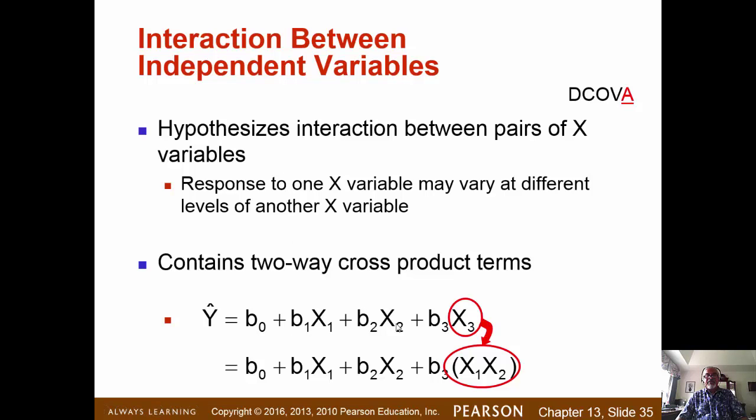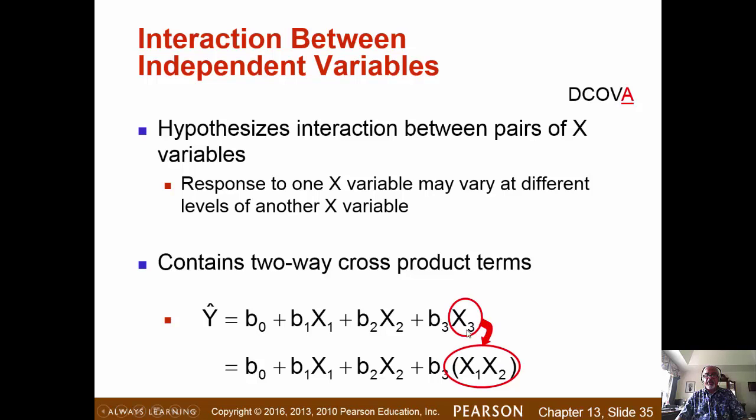Now to assess the interacting effect of x sub 1 and x sub 2 over y hat, we can multiply the two and use this column, the multiplied values of x sub 1 and x sub 2, as a third independent variable.